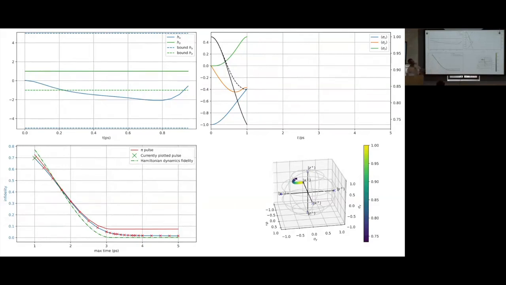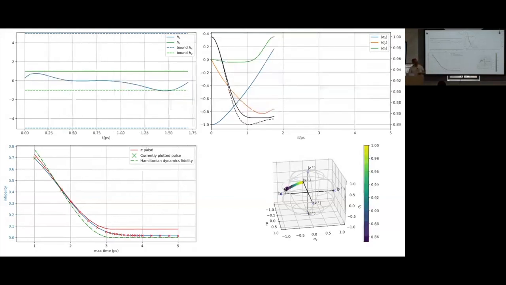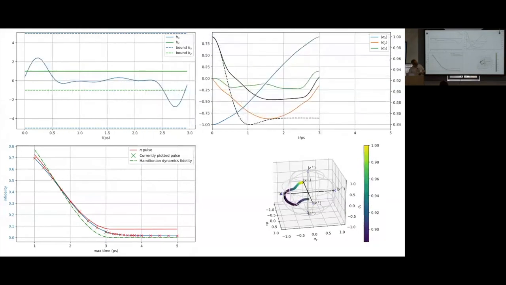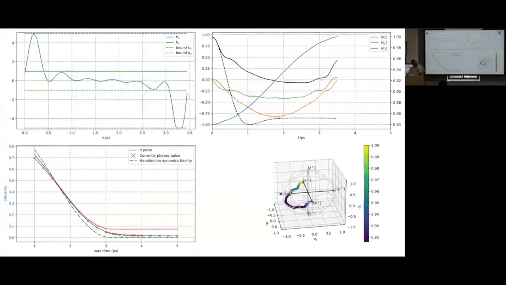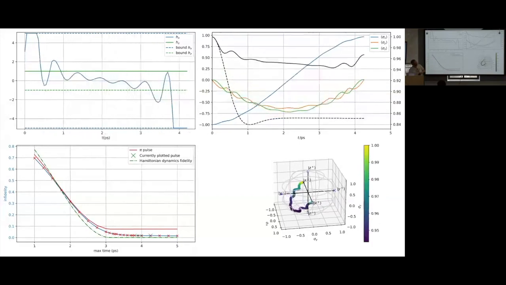If I step forwards through these, this is what happens for longer and longer pulses. You see it can get further and further round, and then it goes down. And the dynamics out here is broadly consistent.